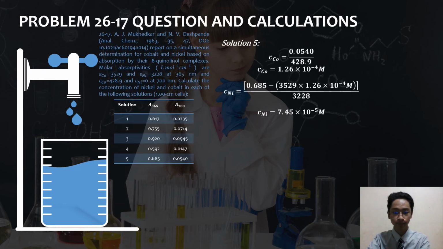And lastly, for our solution 5, we get concentration of cobalt is equal to 1.26 times 10 to the negative 4, concentration of nickel, which is equal to 7.45 times 10 to the negative 5.